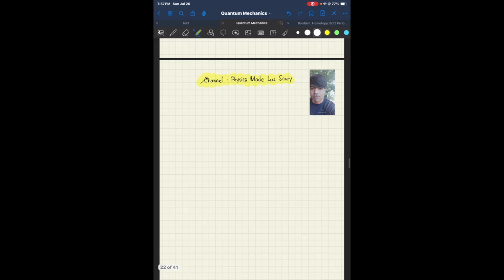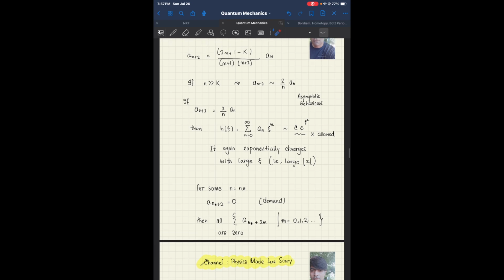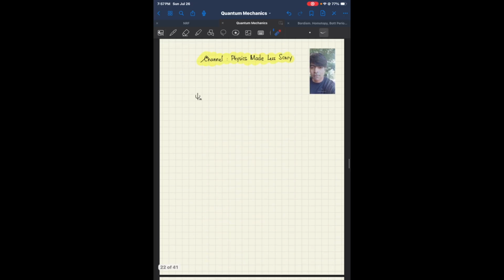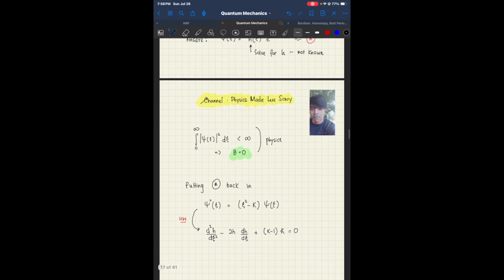Actually, as a further exercise, you can show that using these values of a that you generate from these recursion relations, given a particular value of a0 and a1, you have to tell me a particular value of a0 and a1, your psi_n, the nth eigenfunction, is actually proportional to the nth Hermite polynomial times e to the power minus xi squared by 2 that was there from the very beginning, using our ansatz.